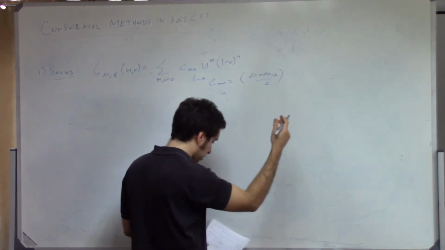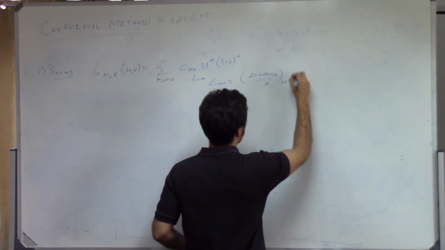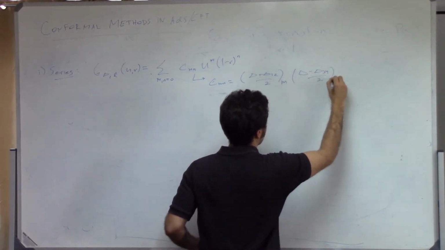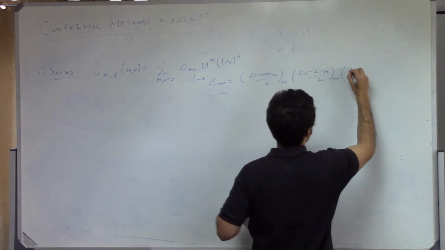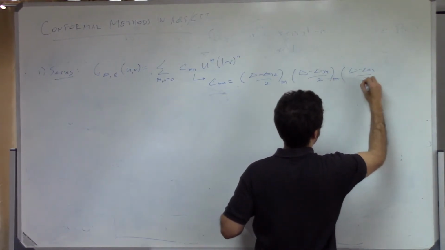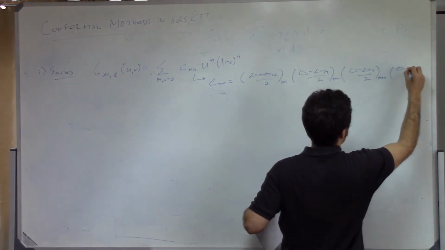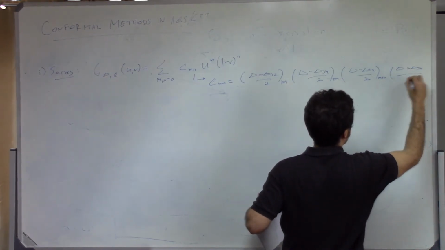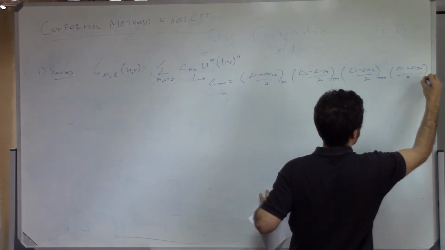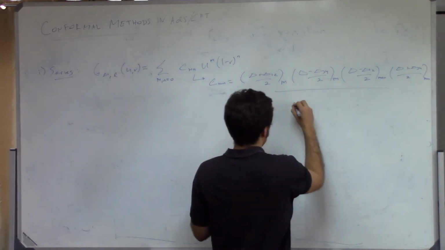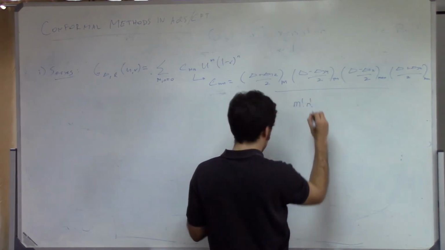There's a bunch of Pochhammer symbols. These expressions have some nice symmetry to them, and are relatively compact.